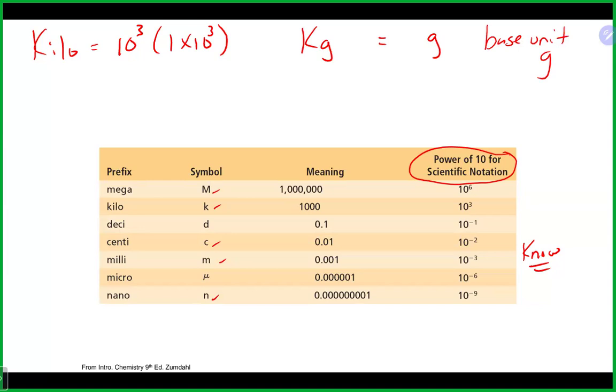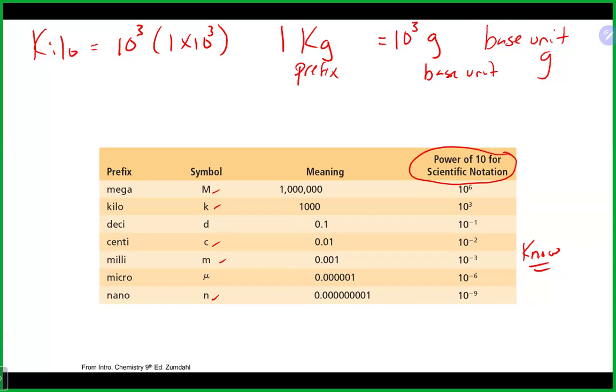So if I wanted to use this as an equality or a conversion factor, the proper way to use it is this would be our prefix unit, and this would be our base unit. So in one of the prefix units, there would be 10 to the 3 grams, and that is the proper way to use that. It is a very common mistake that people will go, hey, there's 10 to the 3 kilograms in 1 gram. And again, that's the backwards way and not the right way to do it.